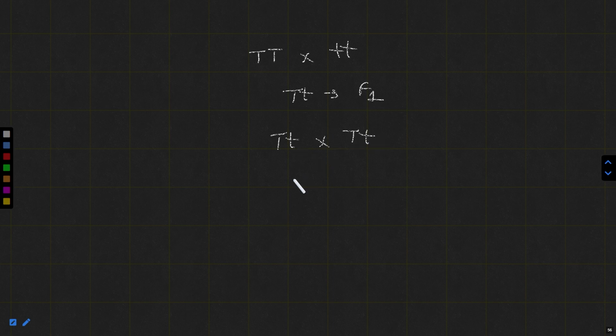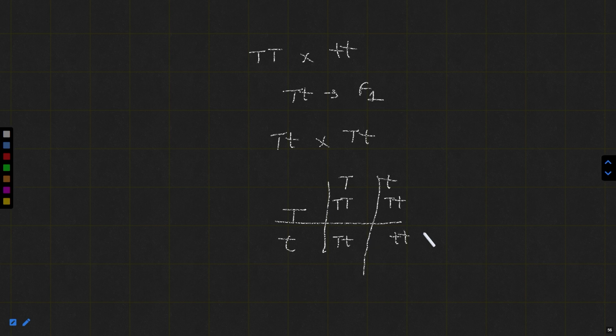Then again you can draw the gametes here. And by using the Punnett square, you can tell about the genotype of the progeny. This will be capital T capital T, capital T small t, capital T small t and small t small t. So what is the genotype here? Genotypic ratio.